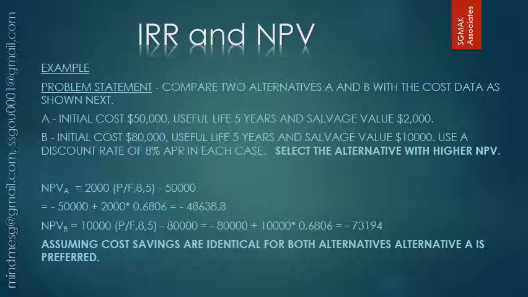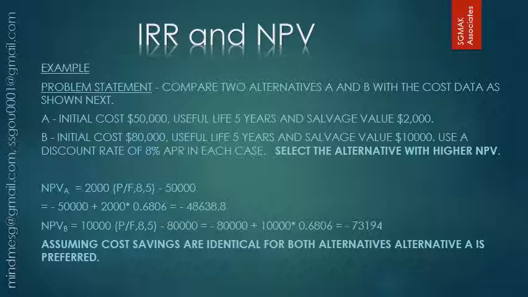Using a discount rate of 8% APR, we want to select which one is a better buy or better investment. The rationale is the same. You compute the net present value of both, and the one that has a higher net present value is preferred.